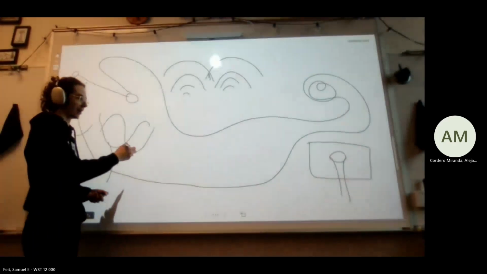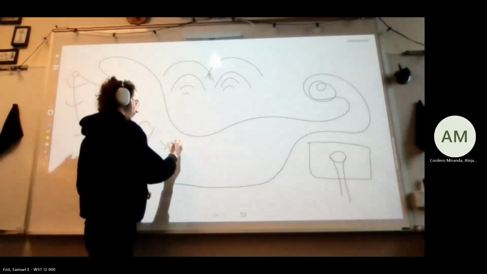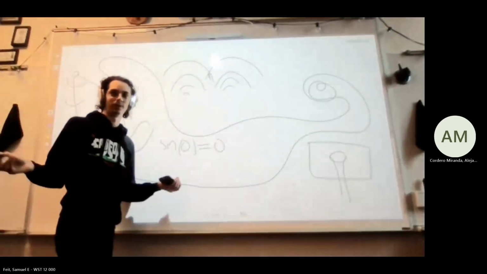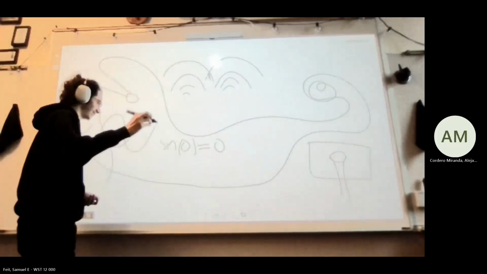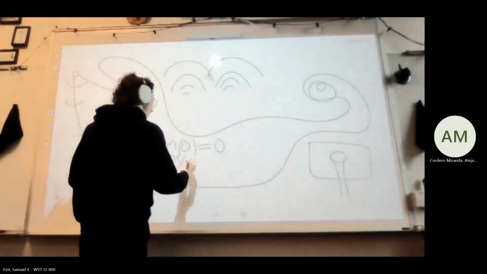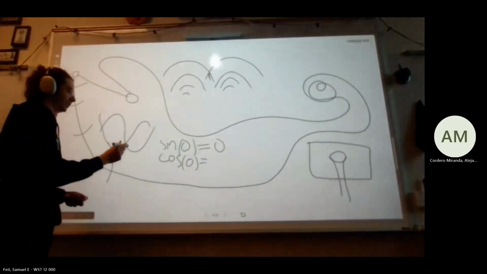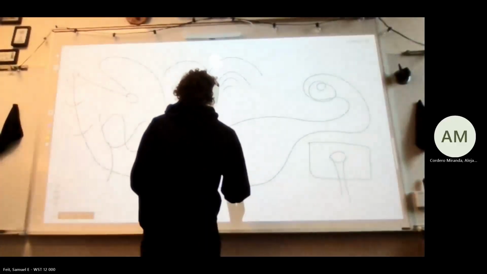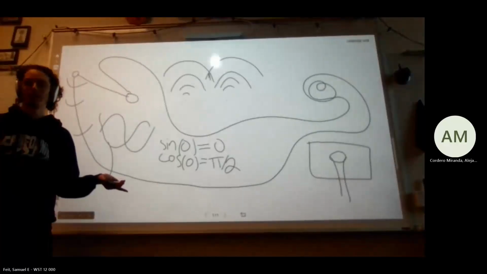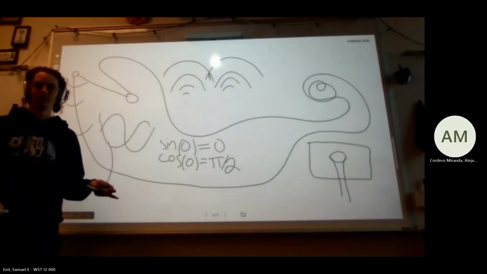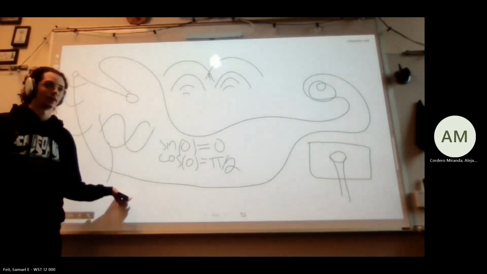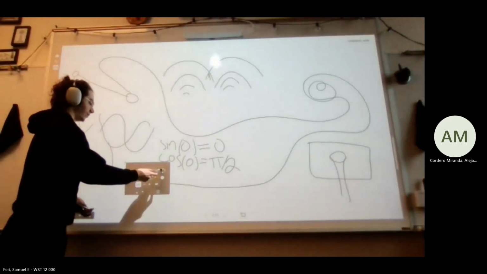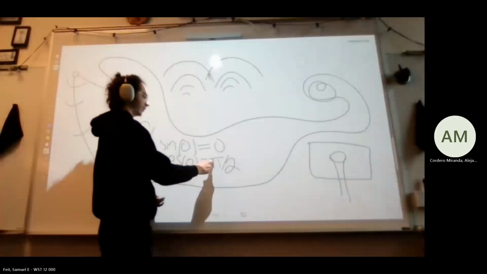Because if you do the values, sine of 0 equals 0, and cosine of 0 starts up here, so it equals 1. Sorry, I was doing the wrong thing, I reversed it.